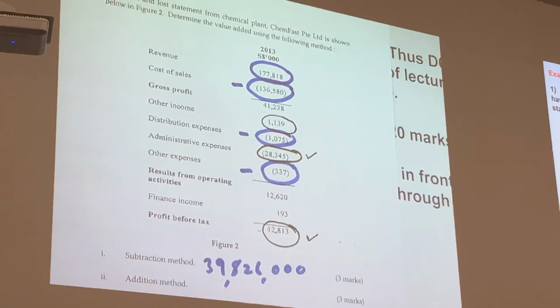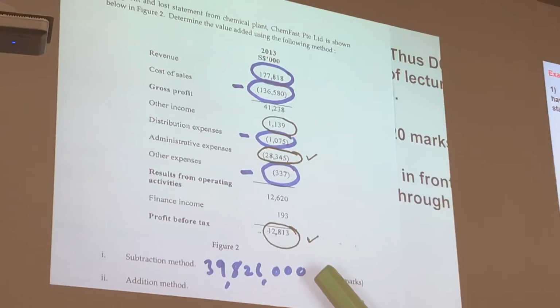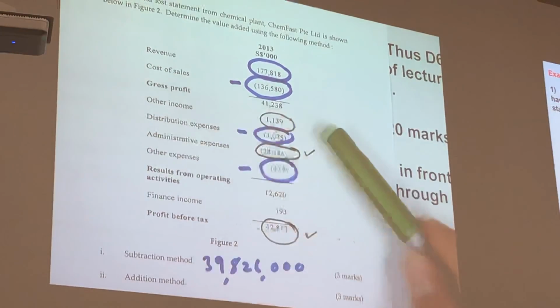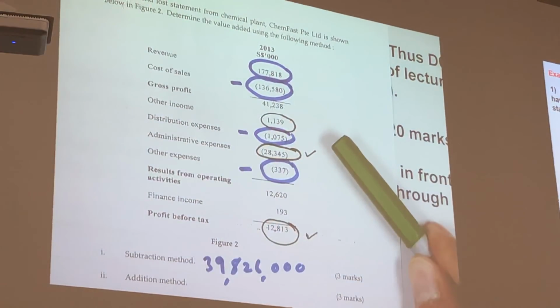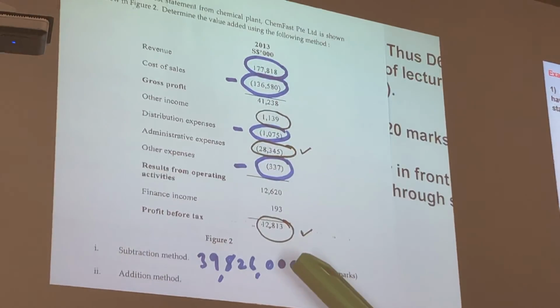Other income. But it is making my profit before tax look good, am I right? But the word other already suggests to you, is it related to the organization's main activity? No. It's making my profit before tax look better than it should be. So what must I do with it?